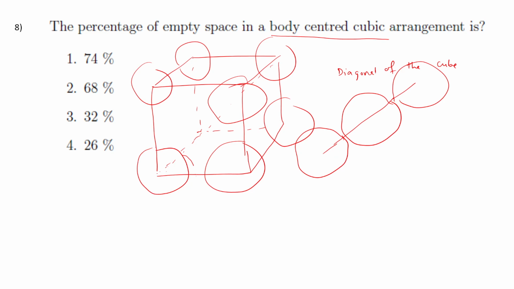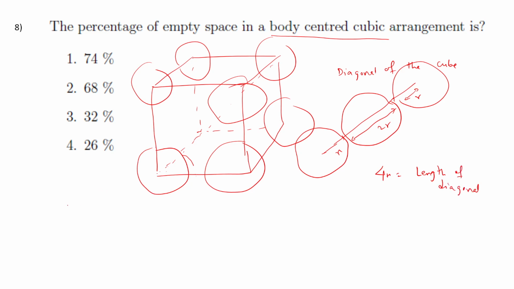So if you have this as the diagonal, the length of the diagonal will be 4r: this is 1r, this distance is 2r, and this is 1r. So 4r equals the length of the diagonal.